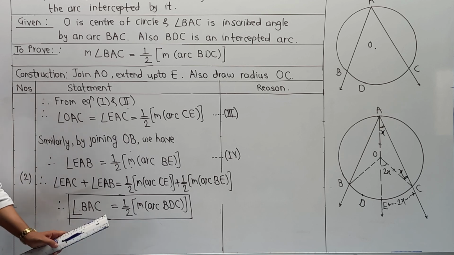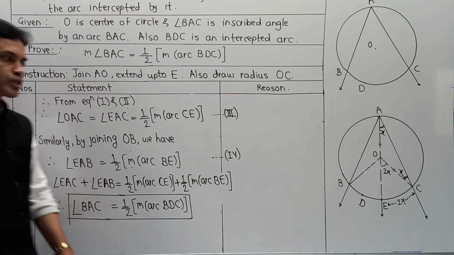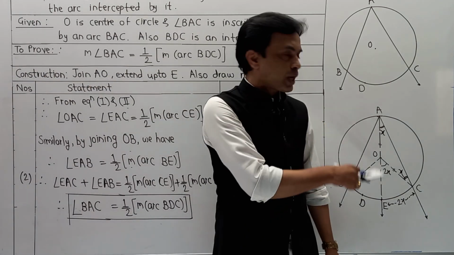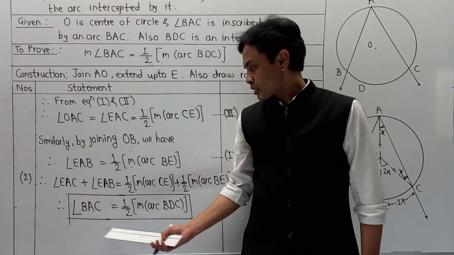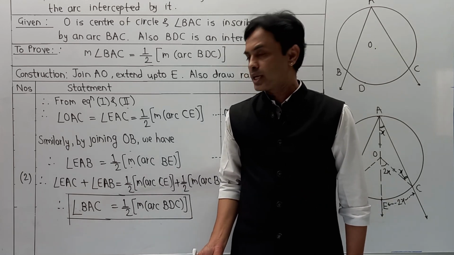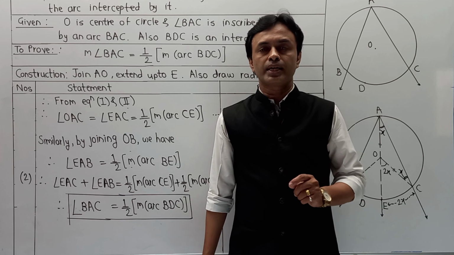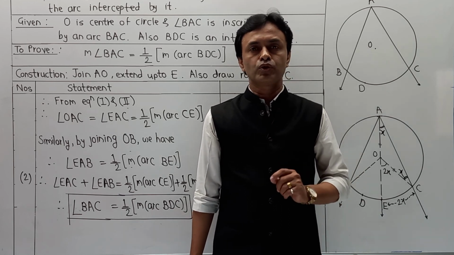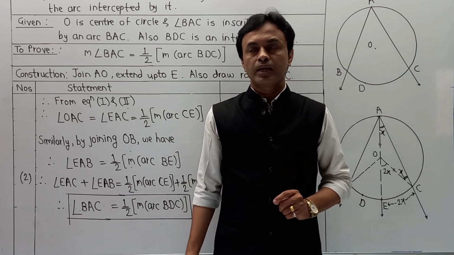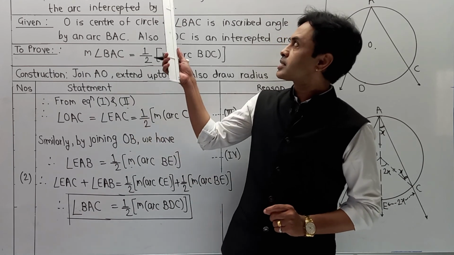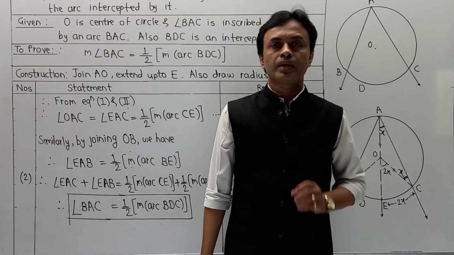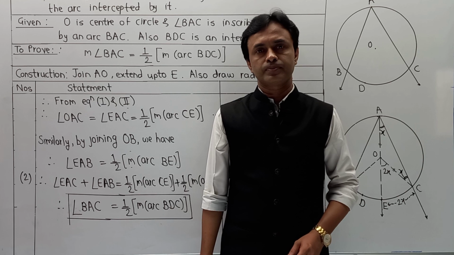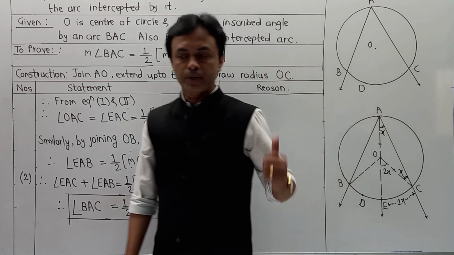This proof is not only important from the theorem point of view, but it is also used for numericals. So these two diagrams are most important, and this final statement coming over here, both are important for your understanding and for writing during the solution of numericals. So remember, this is the inscribed angle theorem, most important for examination. Observe it carefully.